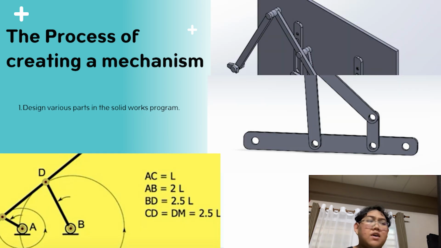Then we come to the first stage. Design the variant parts in the SolidWorks program. For our project, we will focus on simulating the Chebyshev lambda linkage, starting by determining the ratio for each link.